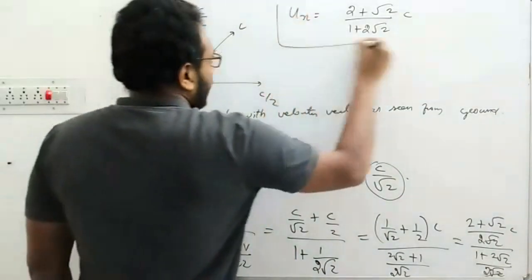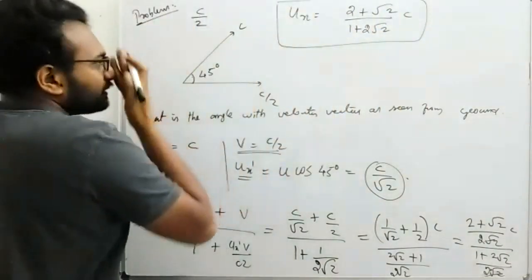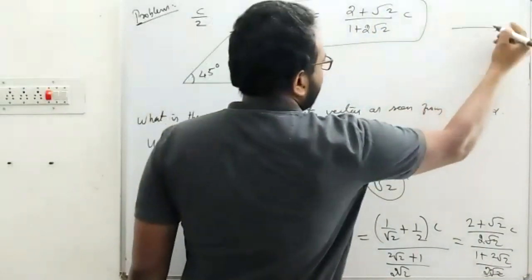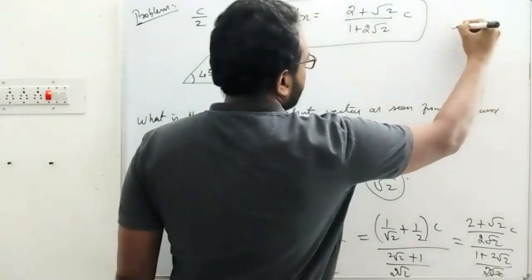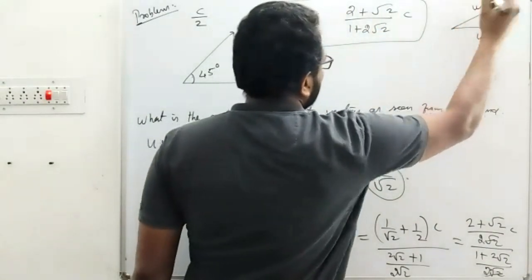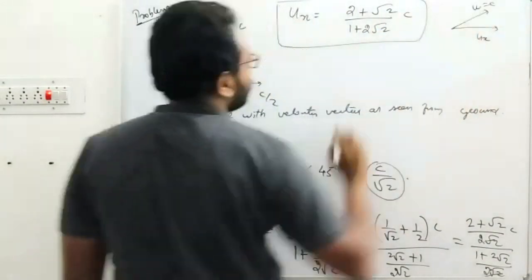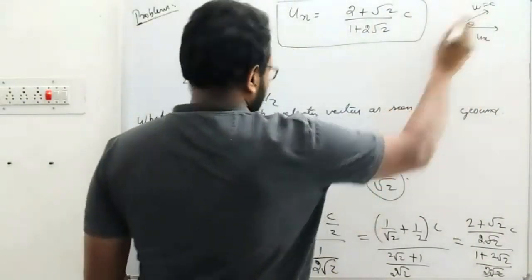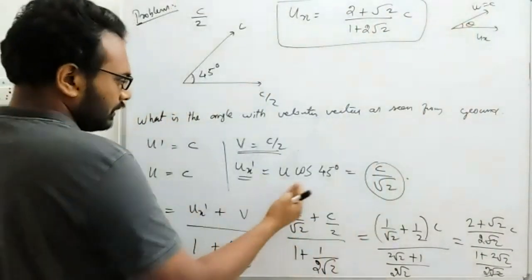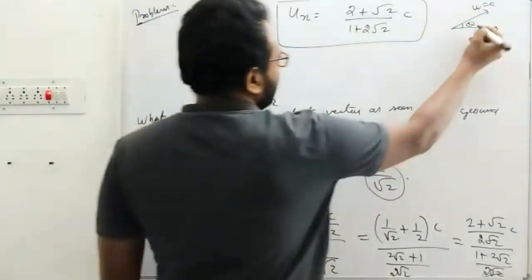We have got ux. So what we are saying is in the frame S, ux we have got, and we also have this u. What was u? u was equal to c. So what's the angle theta? We can call this angle theta or theta 0.